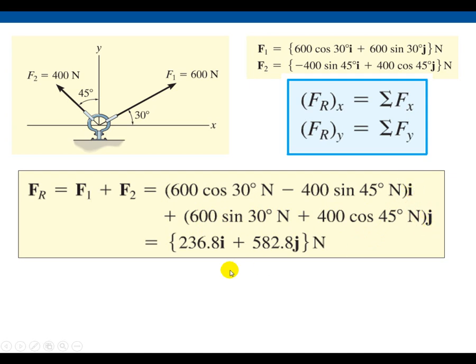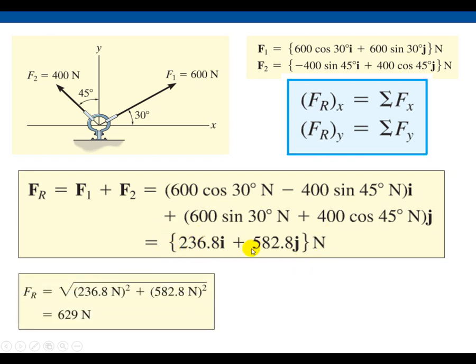This is direction. So the answer is 236.8 i, which means positive x direction, plus 582.8 j, which means positive y direction. This is the Cartesian vector notation of the resultant force. Once we got this, we can calculate the magnitude of the resultant force using the Pythagoras theorem.